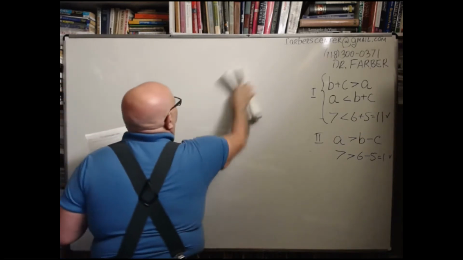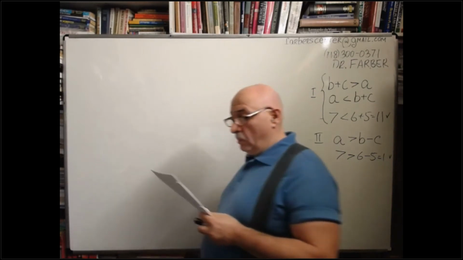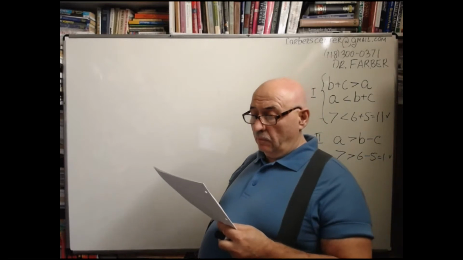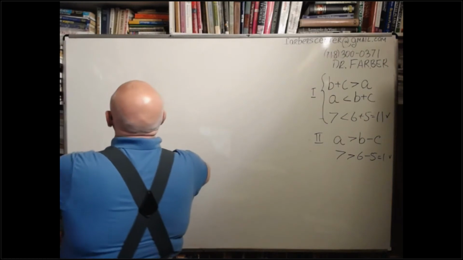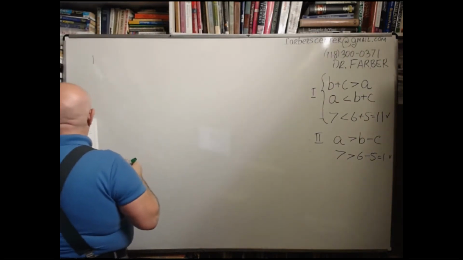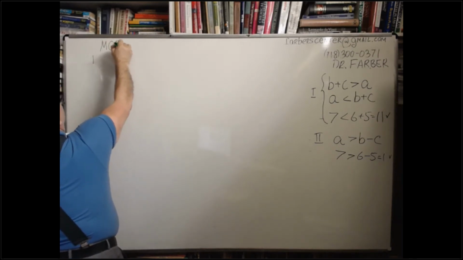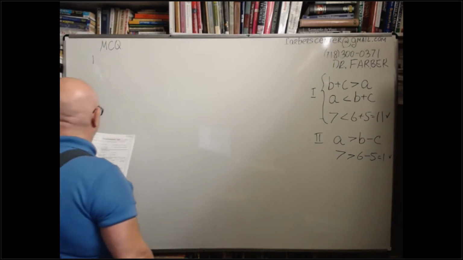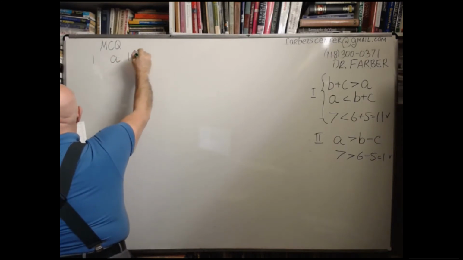Well, one of these questions is, which of the following sets of measures form a triangle. And I write this problem number 1. MCQ, multiple choice questions. So A is, I believe, 11 and 21 and 6 inches.